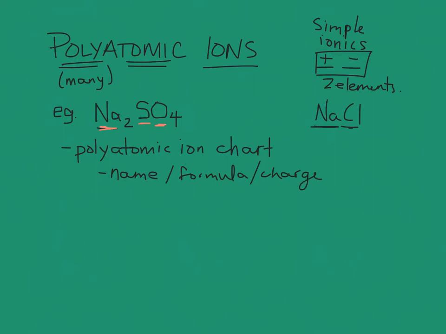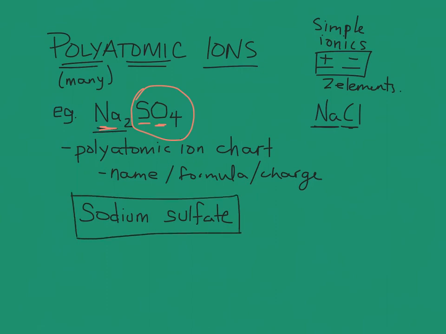And so if I look for my polyatomic ion chart, I know that the first one, that's sodium, so Na, because that's in the periodic table. And then SO4, if I look for it, I'm going to find it called sulfate. Okay, and so the chemical formula of Na2SO4, the scientific name is sodium sulfate.